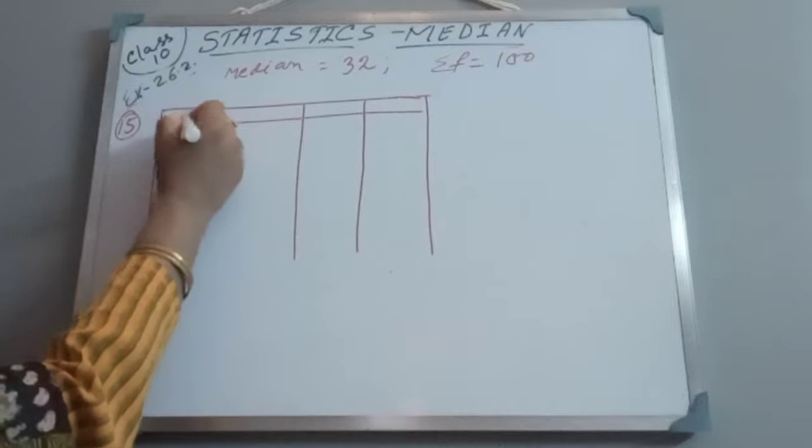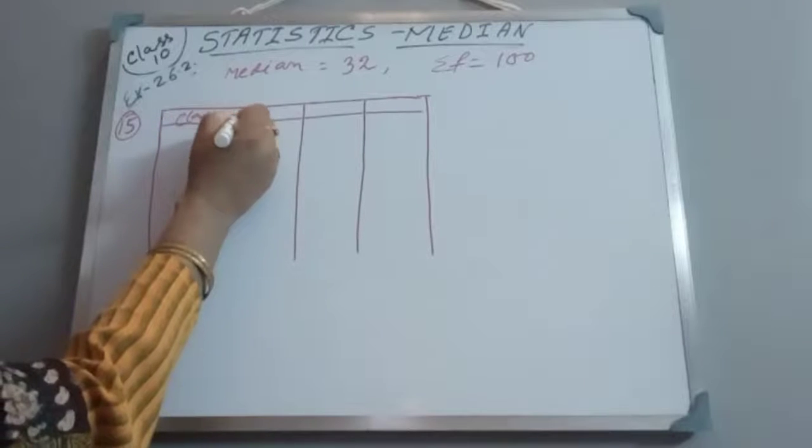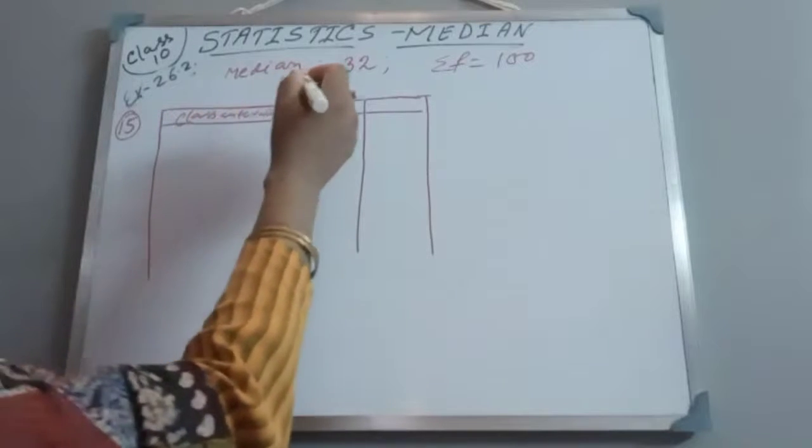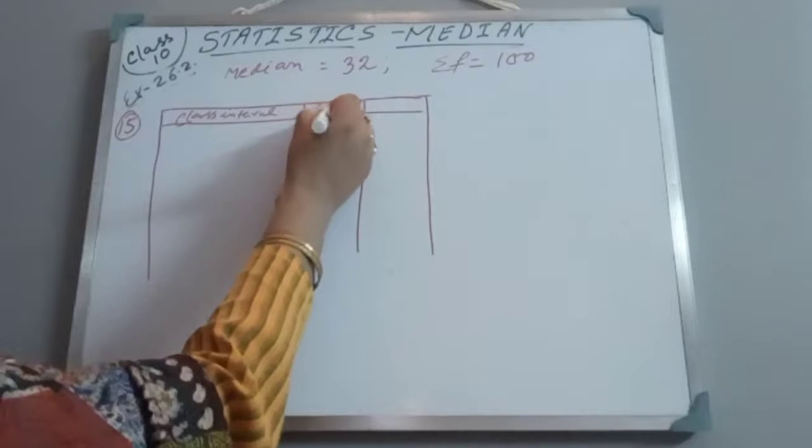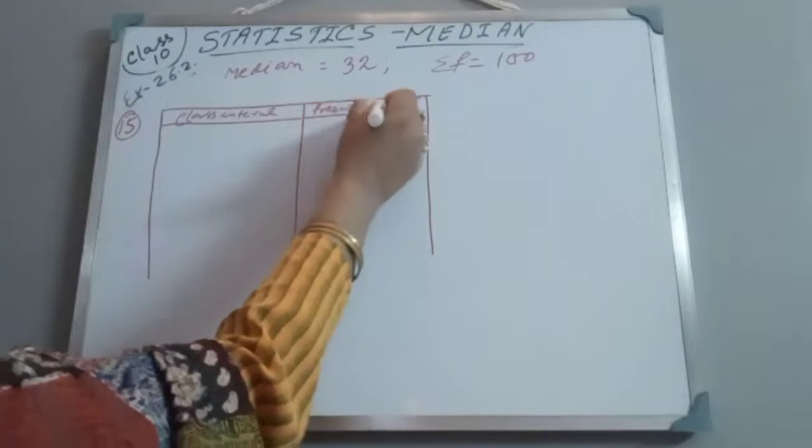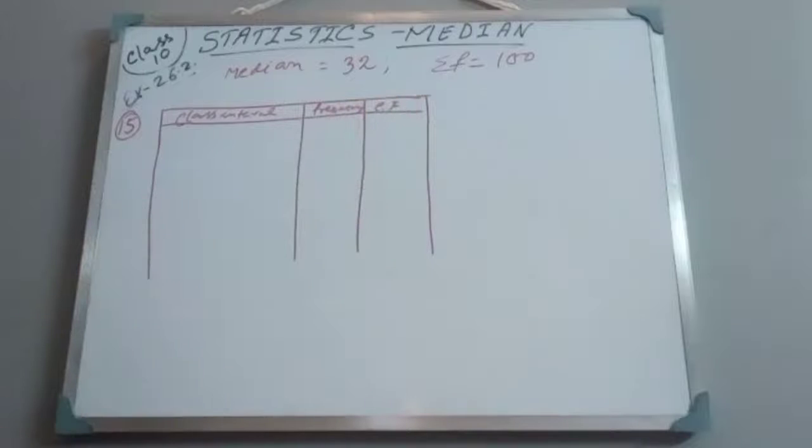This is the class interval. Next is frequency. Next is cumulative frequency, write as CF.